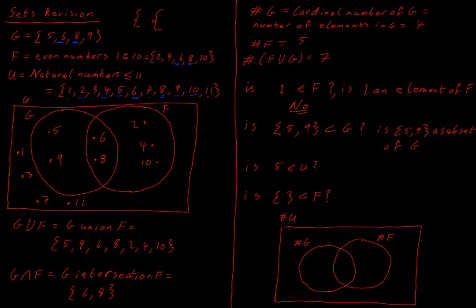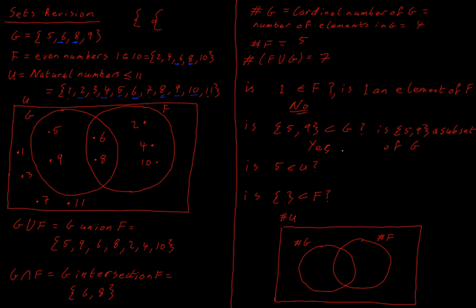Is this set, I can see it's a set because it has curly brackets around it, is the set 5 and 9 a subset of G? A subset is a set that contains some of the elements in G, and it can only contain stuff from G. So I go to my list or I go to my picture, and I can see 5 and 9 is inside the circle G. All of the stuff mentioned is inside of G, so that means it's a subset.